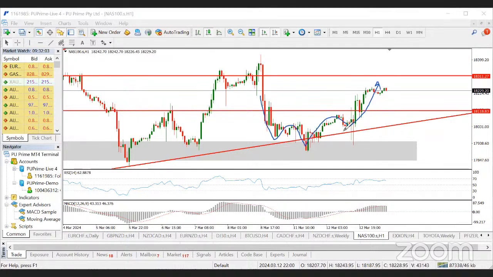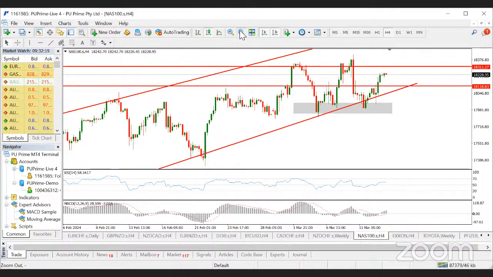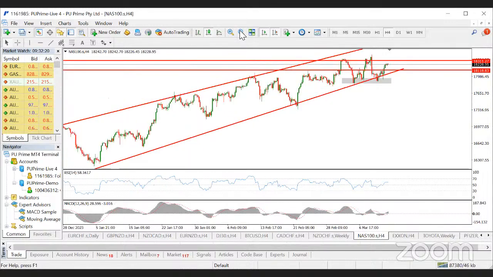That eventually happened. The news pushed it in that direction, though there was actually a spike here, which might have taken out any open trade. Sometimes this news comes out with a spike, so you have to be very cautious about news trading.